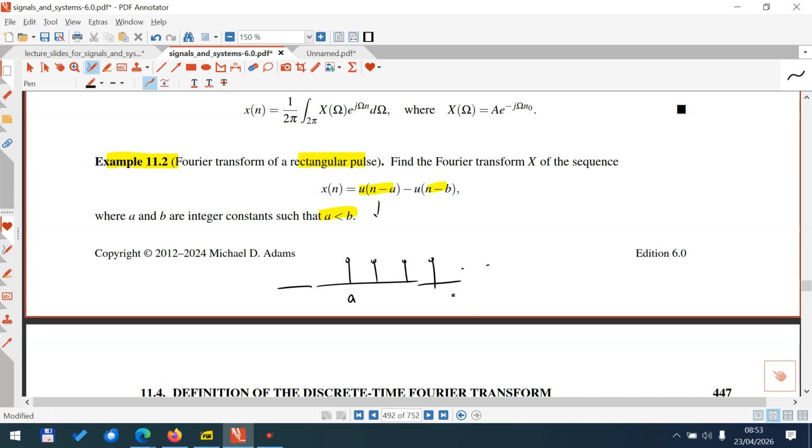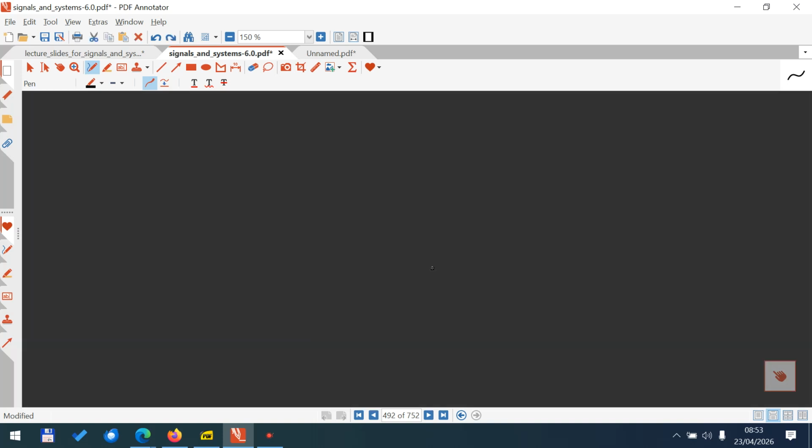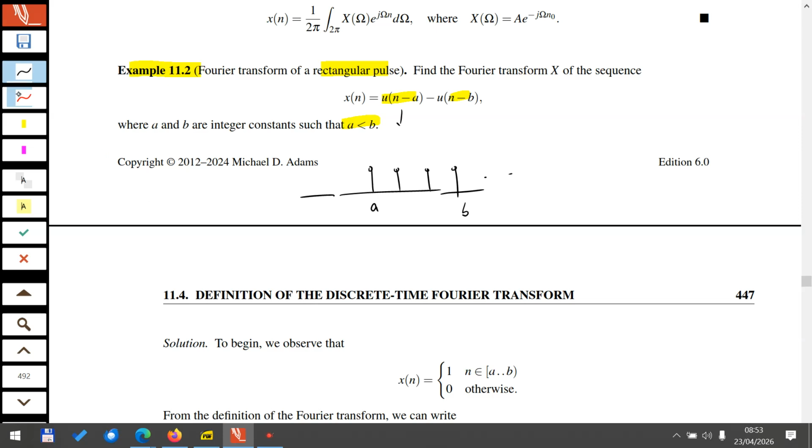Let's say it starts at B. So let me use a different color. The discrete time signal starting at B will be like that. And now subtract this one from this one. So what do you get? How will you plot it?